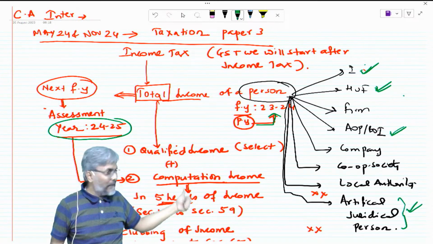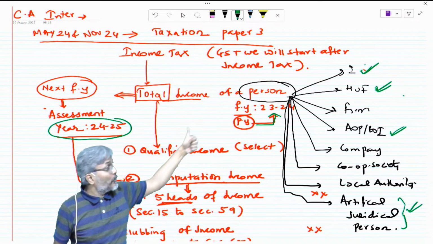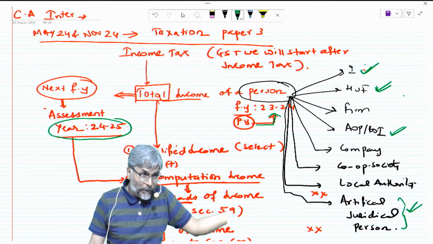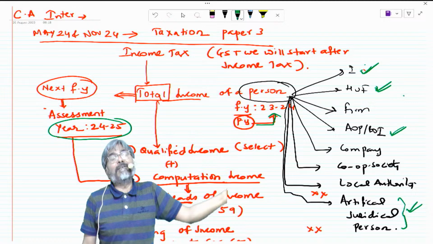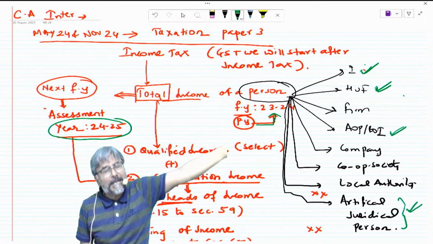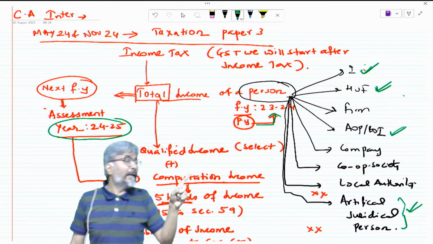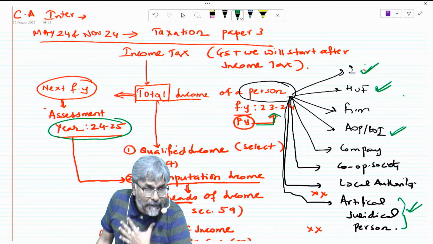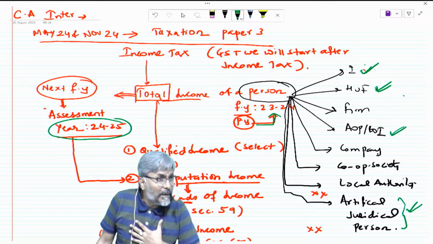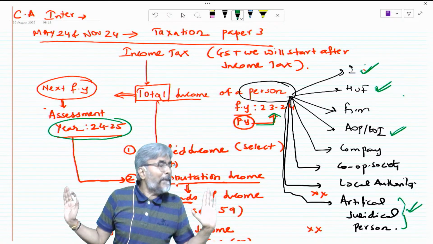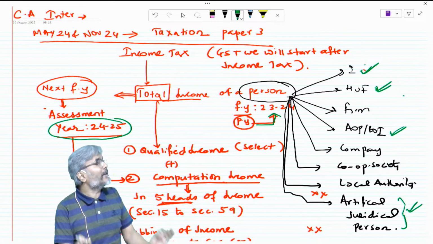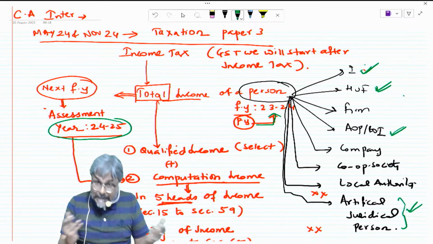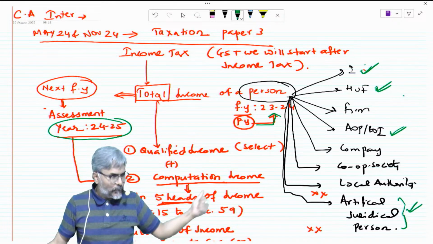In the next assessment year, which is 24-25, when I am going to compute my total income of previous year 23-24, and after that, when I calculate my tax liability, the tax rate applicable to me, the individual, default rate is going to be applicable. What is the default rate? 115BAC, which I told you just now.